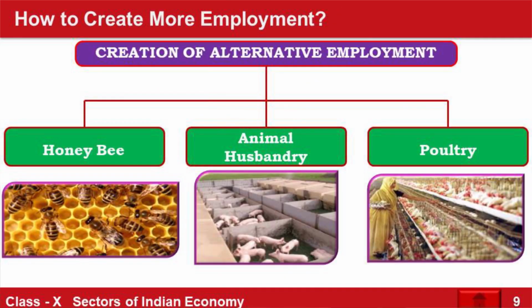And third, you can divert existing farmers into different activities such as bee hiving, poultry farming and animal husbandry.